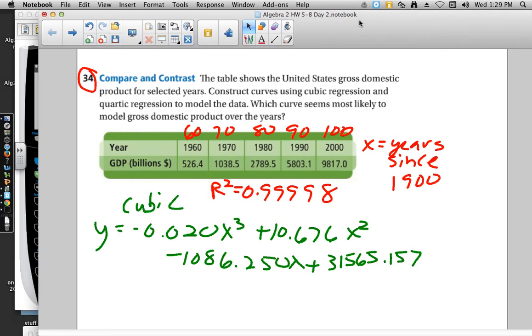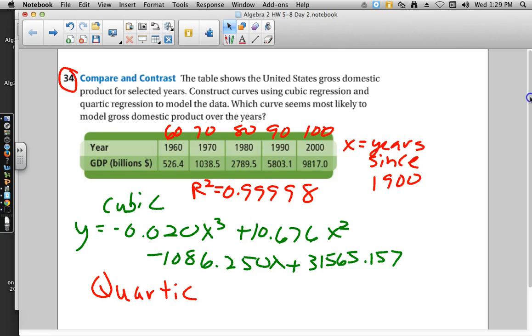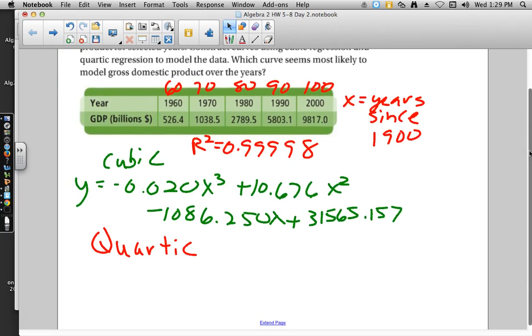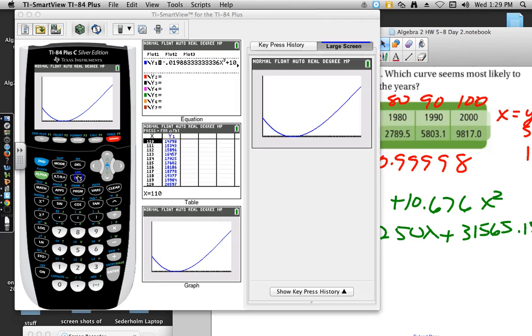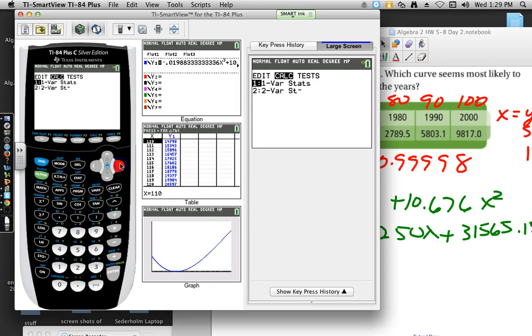So now the second part of this was that we want to go back and look at a quartic regression. Same data, so we're not going to have to go back into stats edit. We can just go straight to stats calculate.